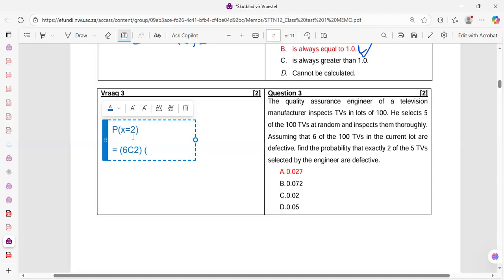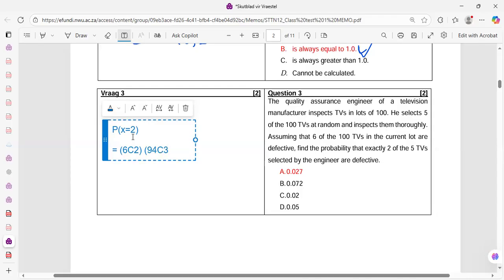multiply by, now out of 100 TVs, if we minus 6, you'll be left with what? 100 minus 6, you'll be left with 94. So 94 combination what? 94 combination 3.